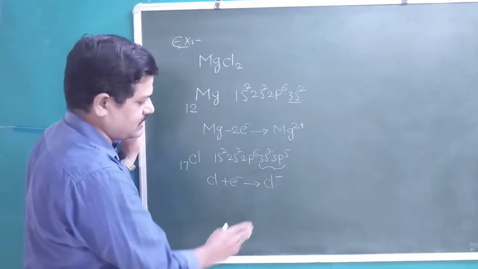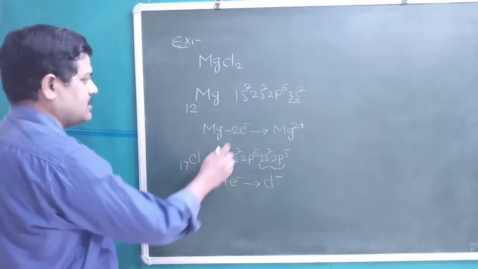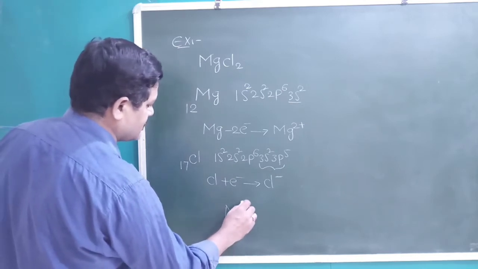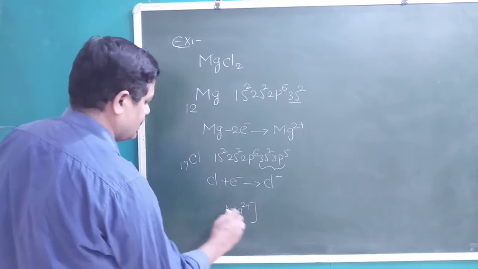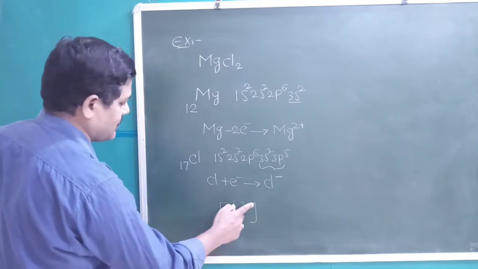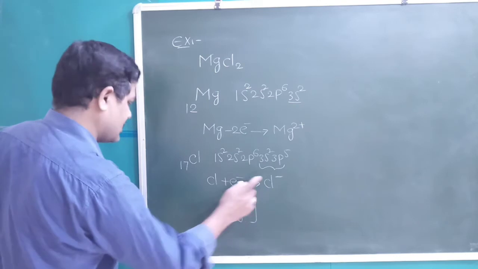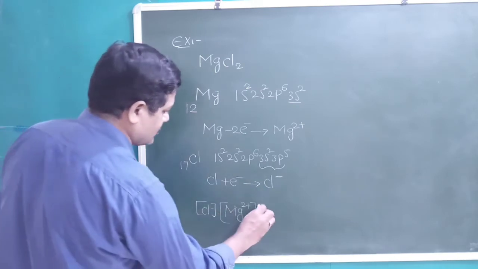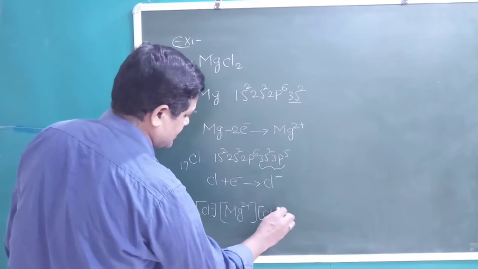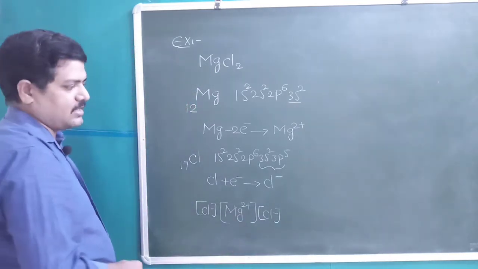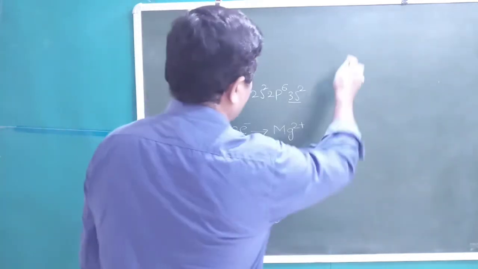So after the formation of cation and anion, there is a strong electrostatic force of attraction between Mg2+ and 2Cl minus, the oppositely charged ions.